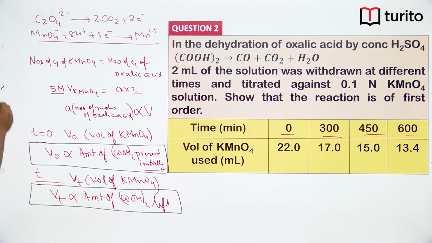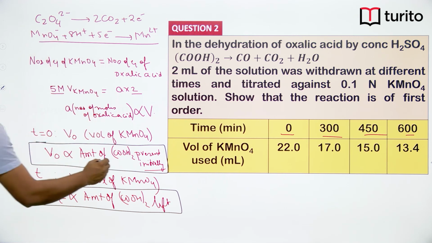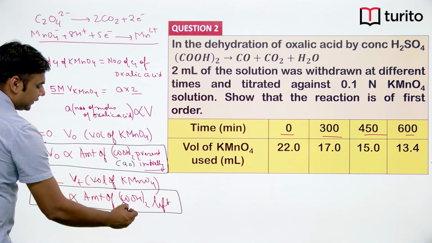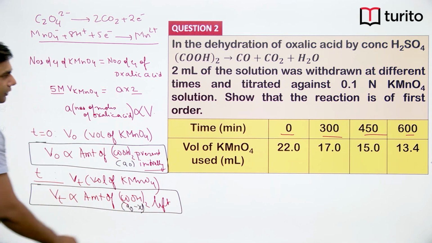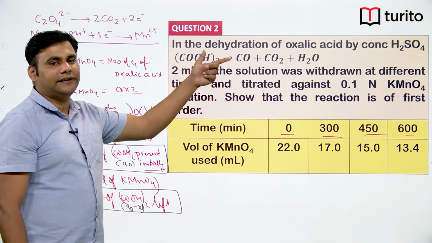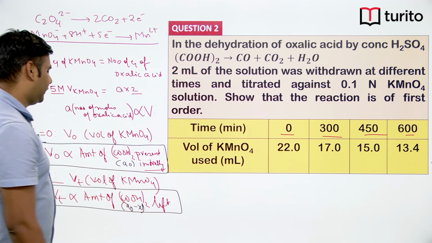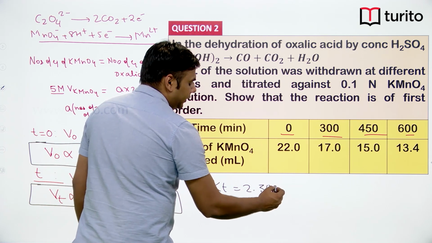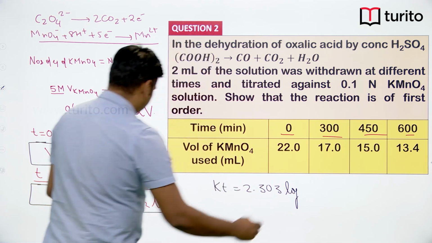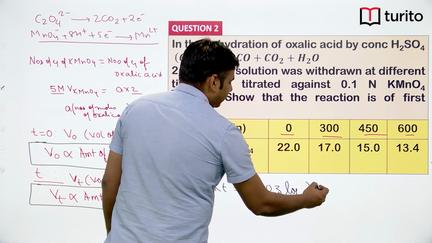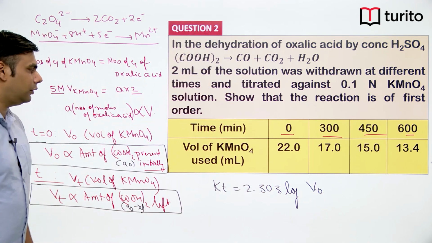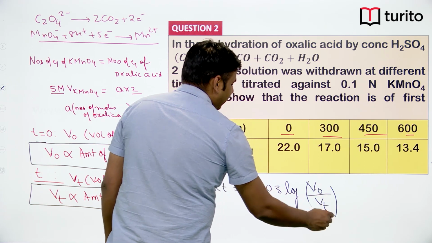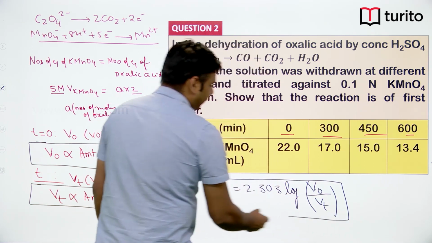We know that the initial amount was A0 and the amount of oxalic acid left is A0 minus X. Suppose it was A0 initially, X reacted, so the leftover would be A0 minus X. So we know that kt is equal to 2.303 log of A0, which is proportional to the initial volume of KMnO4, divided by A0 minus X, which is proportional to the volume of KMnO4 at different time t.